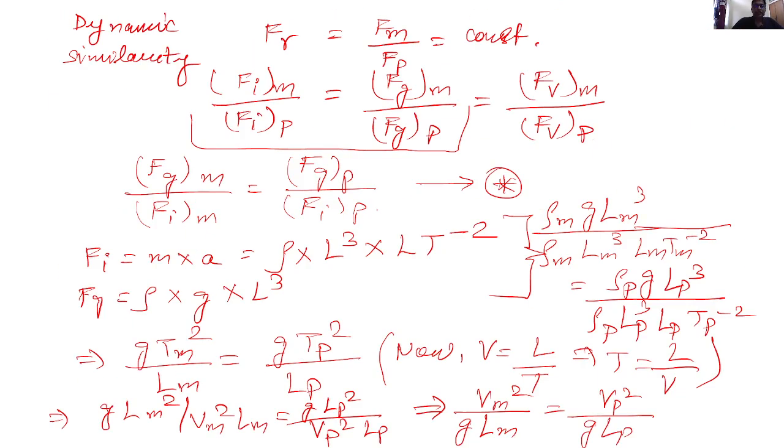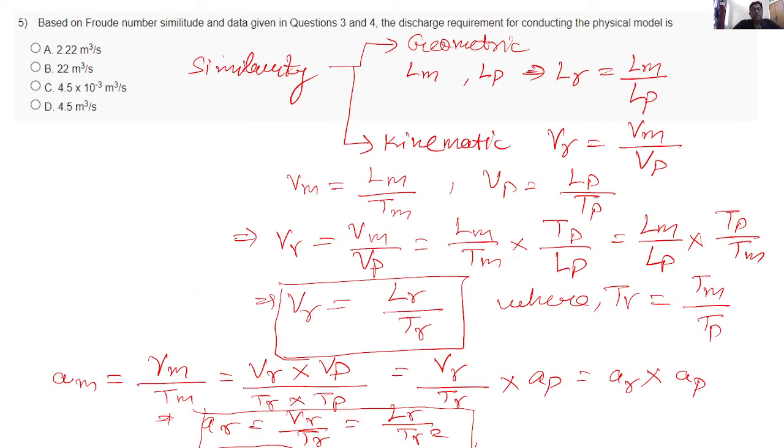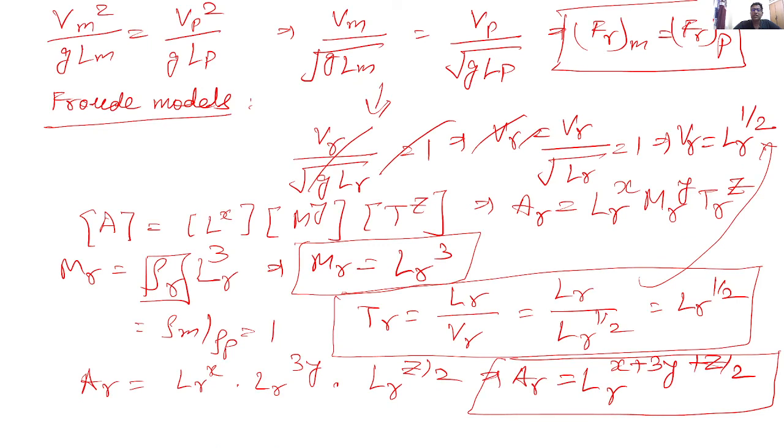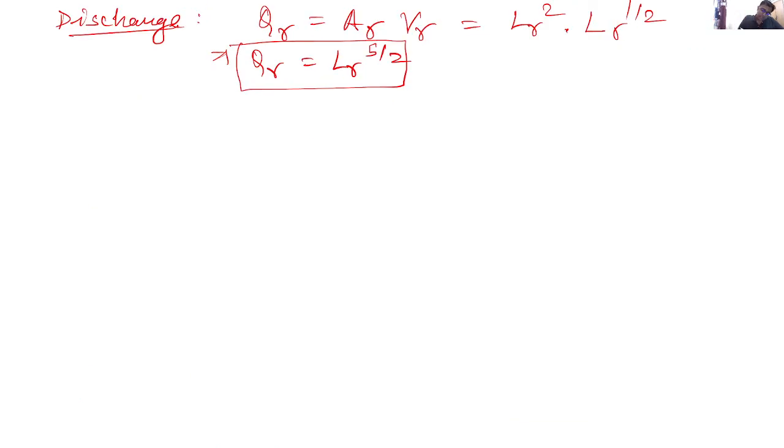So moving to the question finally. Based on Froude number similitude and data given in questions 3 and 4, the discharge requirement for conducting the physical model is. So they are asking the discharge. So QR is nothing but the discharge for the model to the discharge of the prototype.